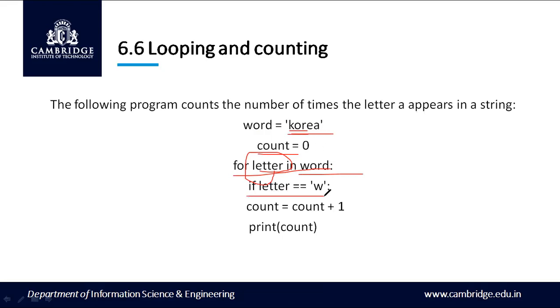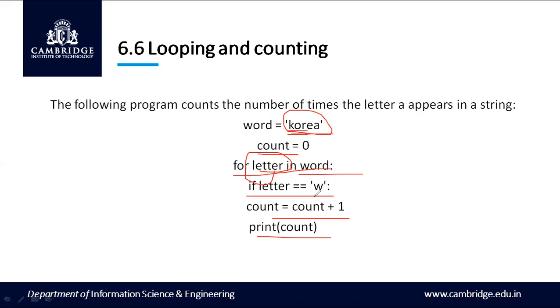If letter equals W, count equals count plus 1, then print count. Basically, it counts whether the character we are checking is present in the string. It will count how many times the letter appears in a string. The frequency of the letter is counted and the count is returned.